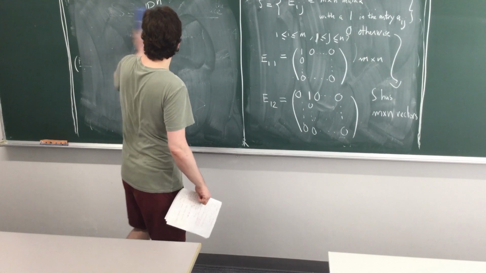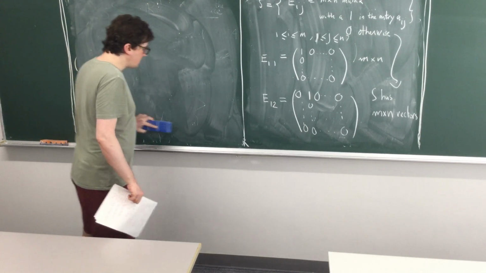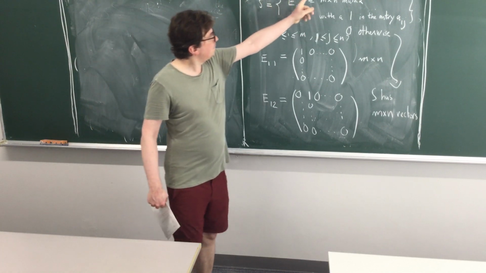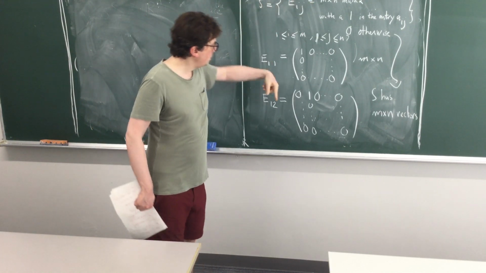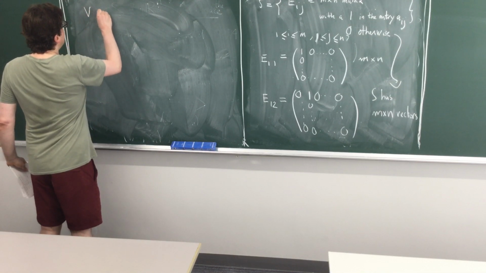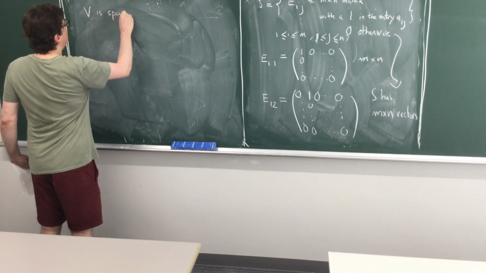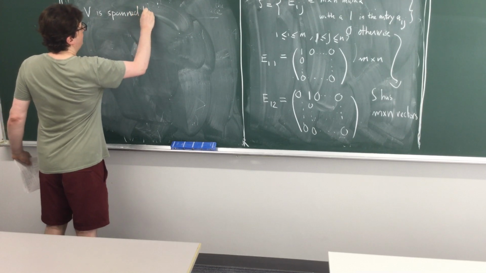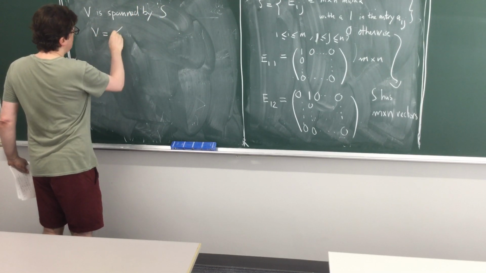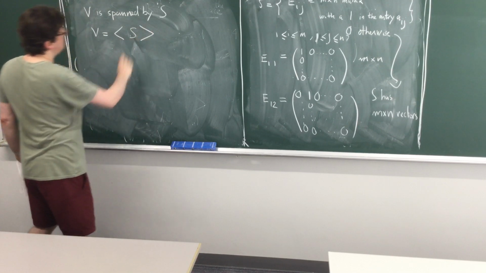So for R^n, you remember, R^n was spanned by only n vectors. But this is bigger. This is spanned, in fact, by m times n. So V is spanned by S. In other words, we have this is equal to this.